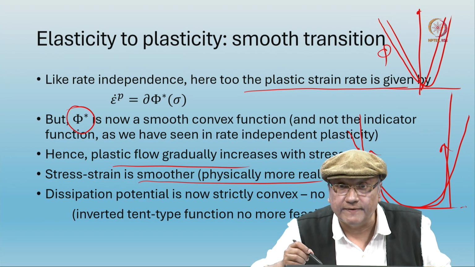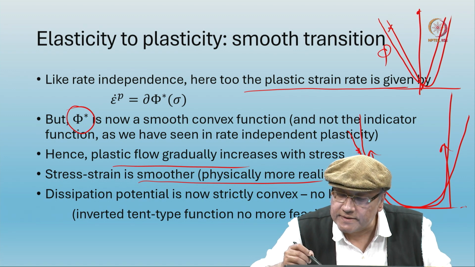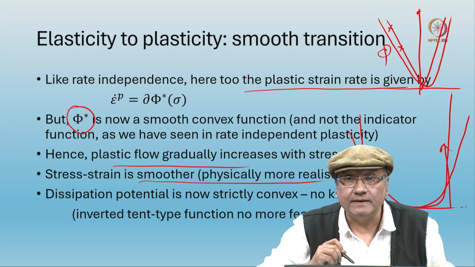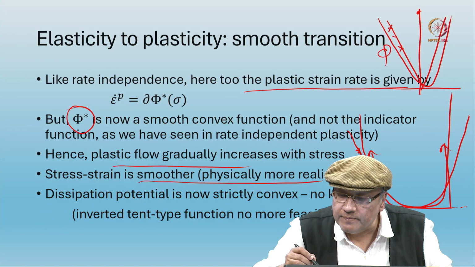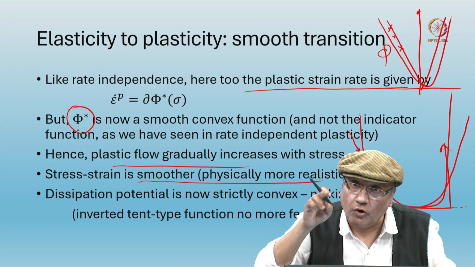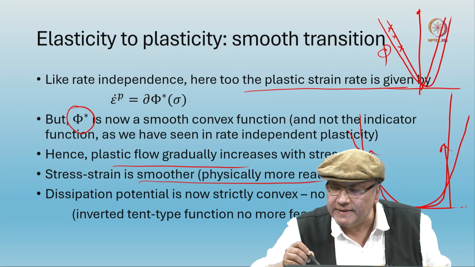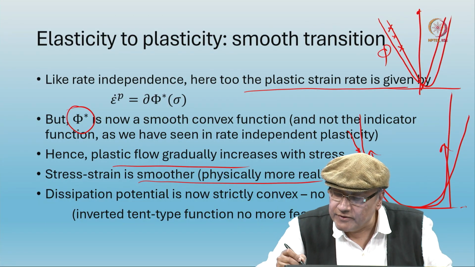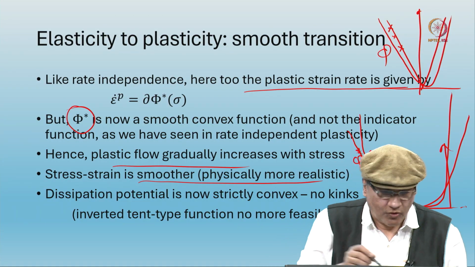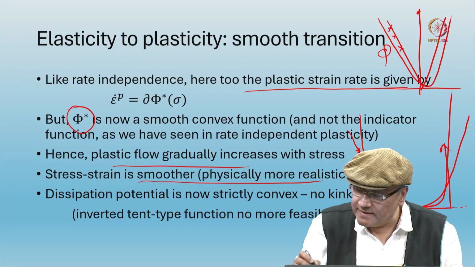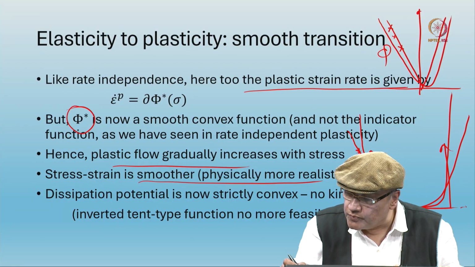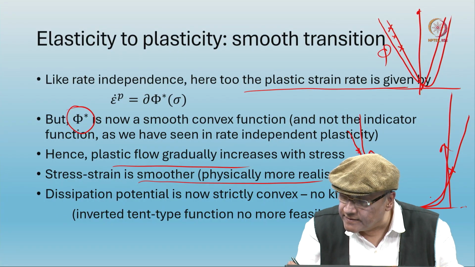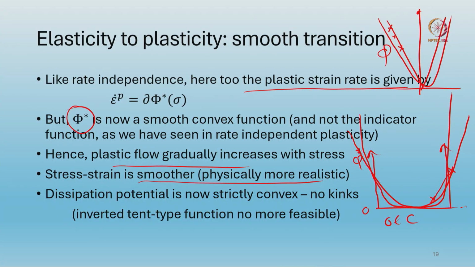So, unlike the earlier case when this was an inverted tent, this was not strictly convex. Why not? Because you take 2 points on this inverted tent. Any other point you take in between will remain on that boundary line only, it will not be inside. But on the other hand, for a more realistic function like this, you take 2 points, one here, the other here, and in between this joining line will be strictly inside, right.